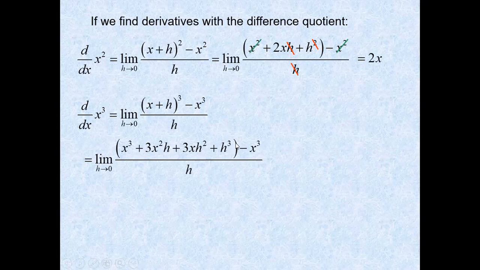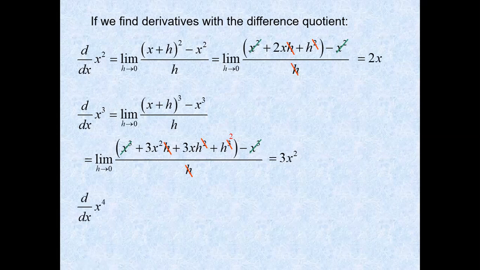And we see that this minus x cubed and plus x cubed will be cancelled out, and then the h's will be cancelled out. We have h square here because this is h cubed and we have a single h here. So we will end up with 3x square. If we put the value of h as 0, we will have this term as 0. So we will end up with 3x square.